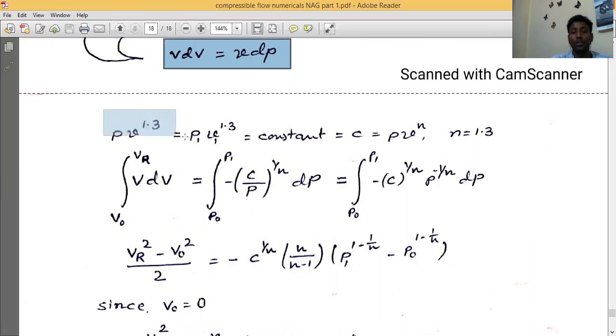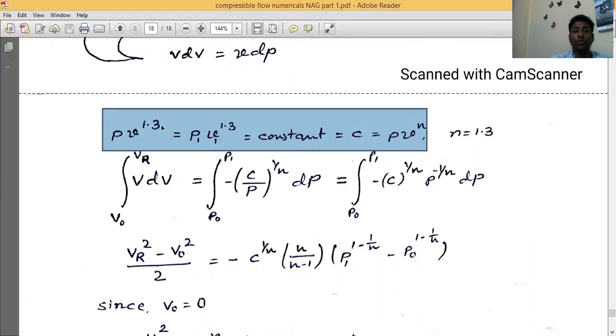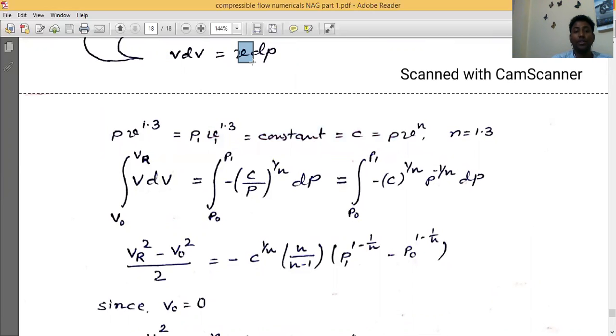This is because the supersaturation flow follows the PV to the power 1.3 relationship. So we can replace the specific volume in terms of pressure as a constant upon P to the power 1 upon n. Here n value is 1.3.